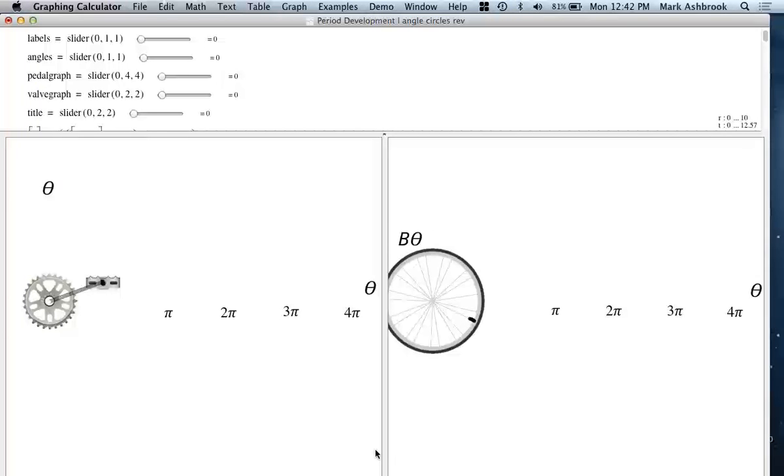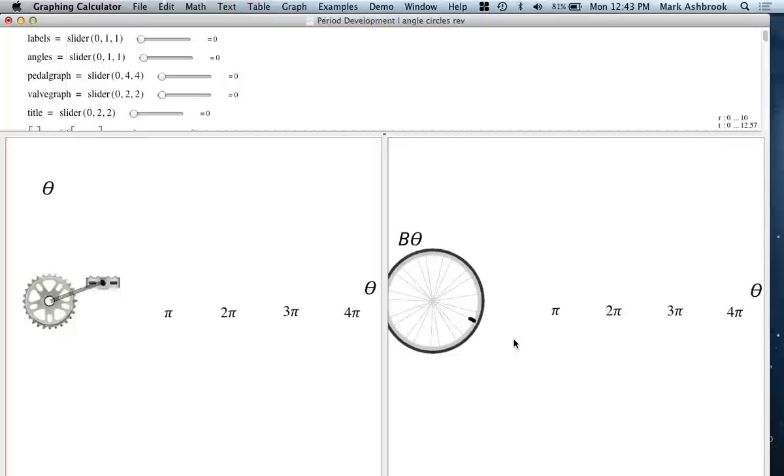How would you calculate now the new tire valve angle? And write it in an exact value. How would you write an exact value of that tire valve angle if the pedal is at pi over 6? What do you think? No calculator, just an expression. What would it be? Pi over 4 minus pi over 6. No, there's no times in it.